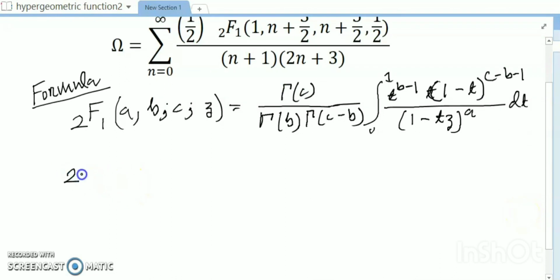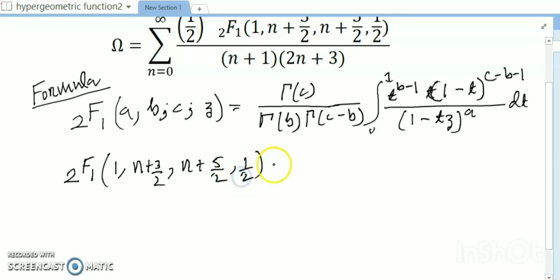So 2F1 with b equal to n plus 3 by 2, c equal to n plus 5 by 2, and z equal to half. I use this formula here.